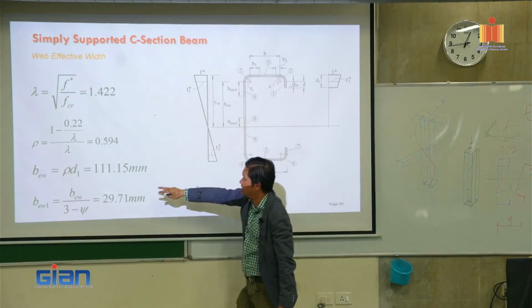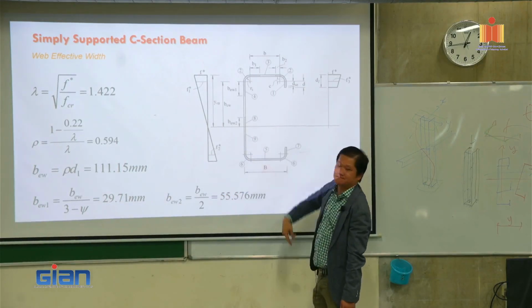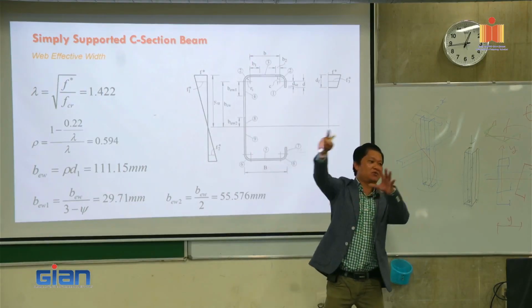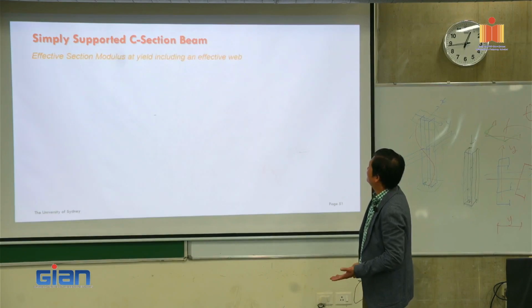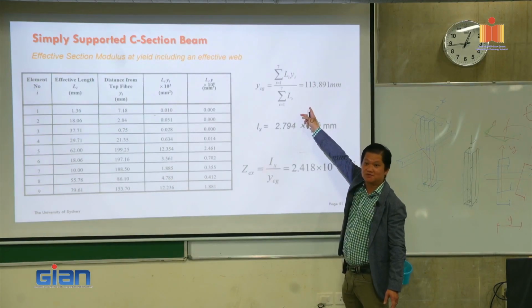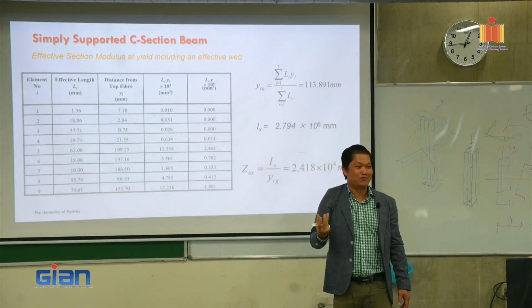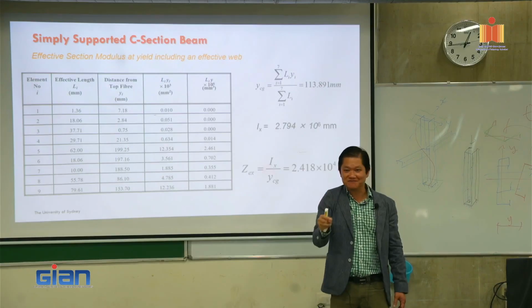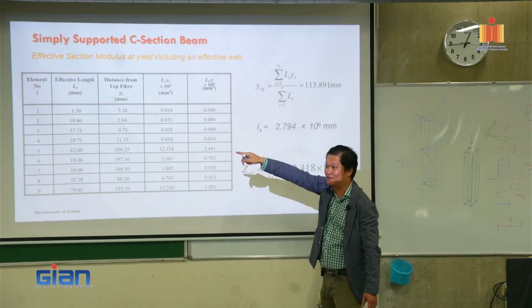So you can calculate BW1 and BW2, and we got that. Now we put it back into our calculator again. Then you can get that new one. So actually 113 is the final iteration that I chose. That's why you got that one matching with what you got at the beginning.